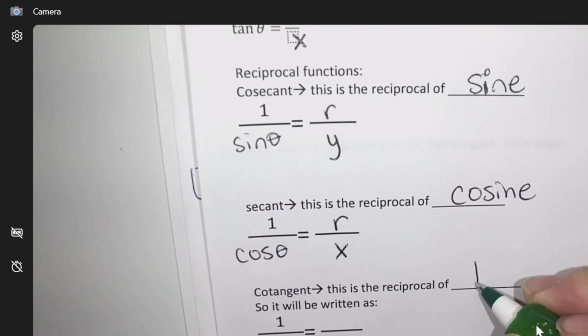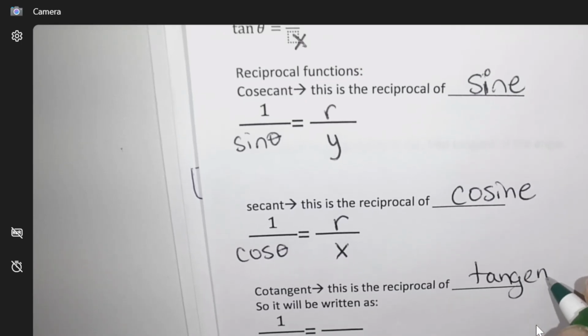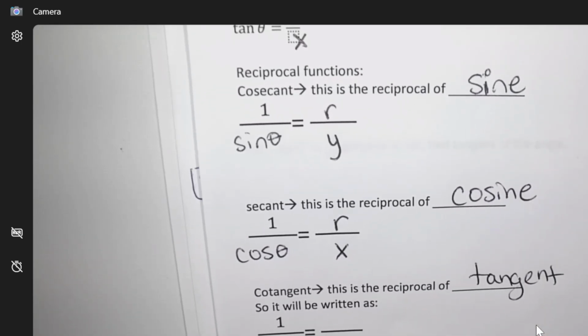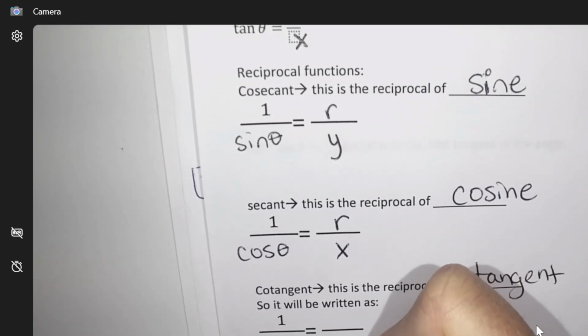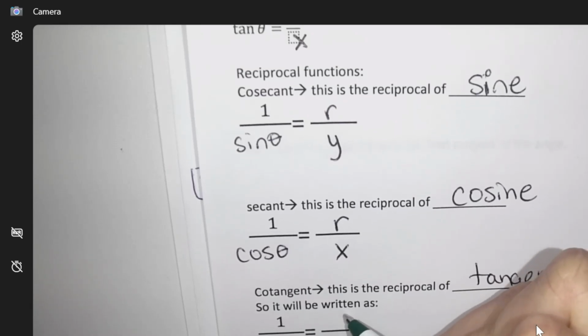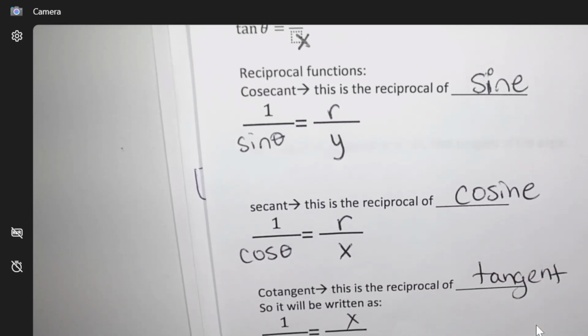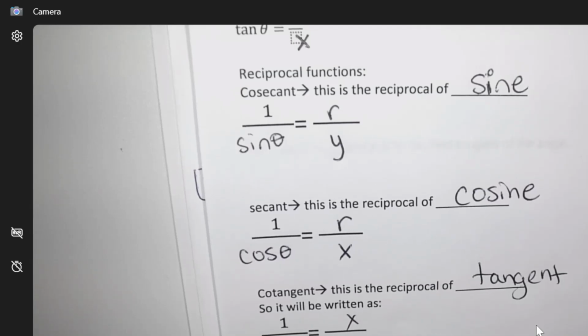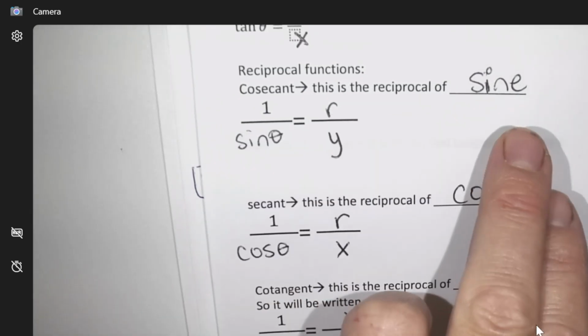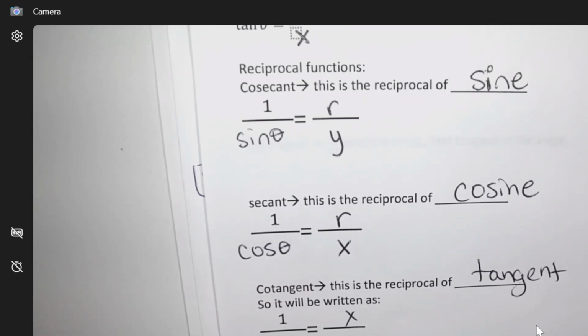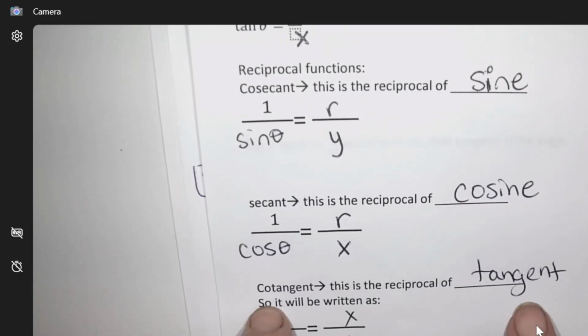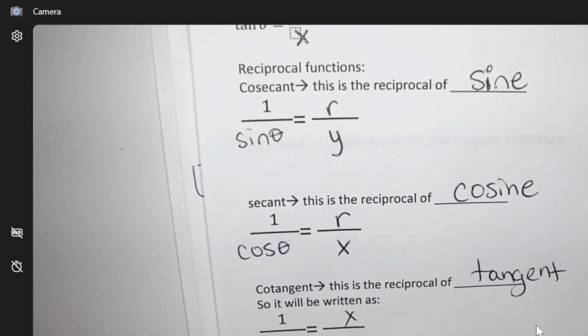And then cotangent is the flip of tangent. Okay, I personally get frustrated with this because cosecant and sine, that doesn't really make sense to me. Cotangent and tangent, boom, that makes sense, right?